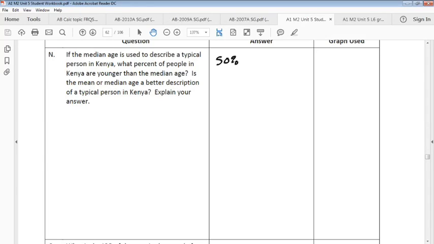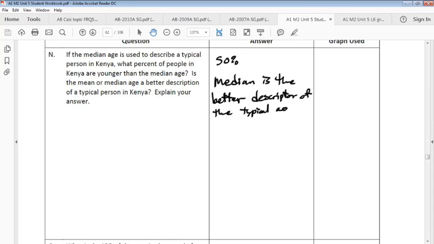In our case, the median is the better descriptor of the typical age. And the reason why that's true is because the data is skewed.